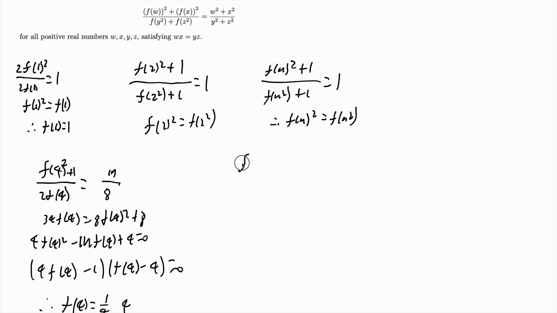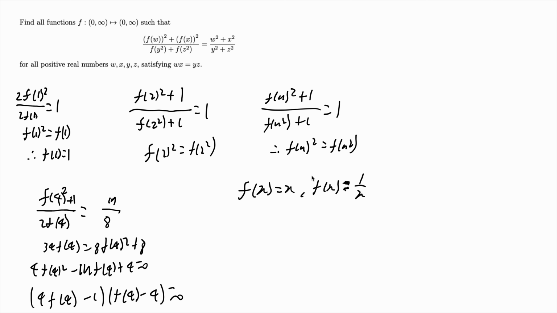What if our solution is f of x equals x and f of x equals 1 over x? Because these are both always positive, within our domain here. And I substituted to check if this is correct. This indeed satisfies the first equation. When f of x equals x, this equation is true.